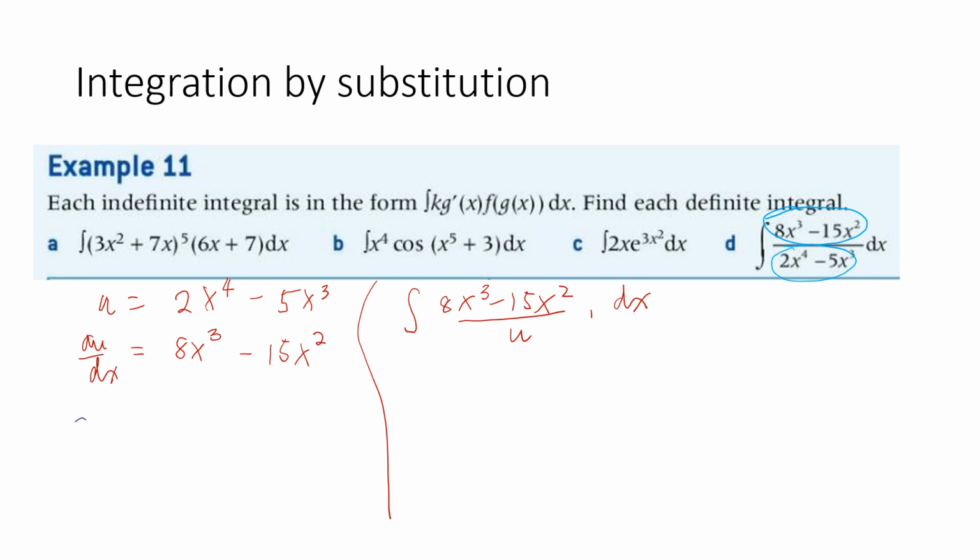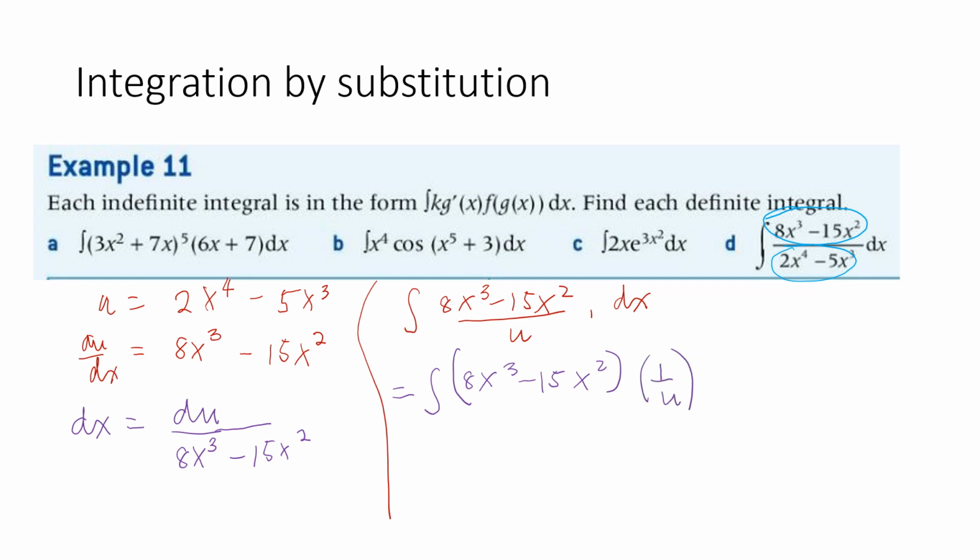Therefore, we can now represent our dx here as du over 8x cubed minus 15x squared. Okay, it's a matter of manipulating your equation. So let's rewrite this once more. It's the integral of 8x cubed minus 15x squared, and this is actually the same as 1 over u.